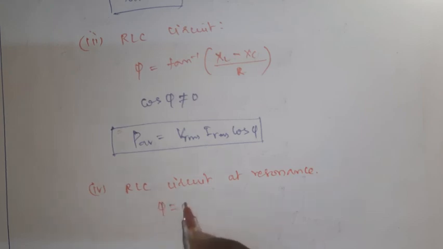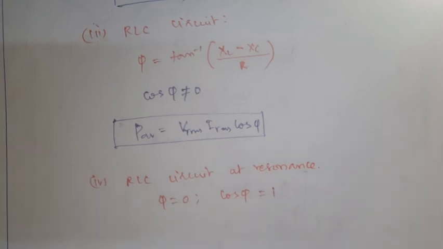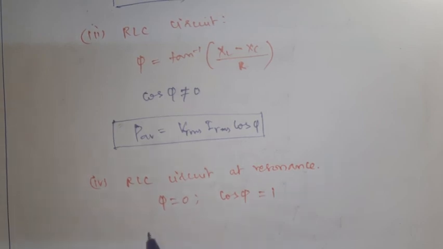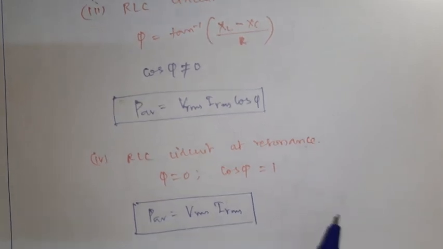So phi is equal to 0, so cos phi value is 1. If we substitute 0 for phi, cos 0 is 1. Now the average power PAV is equal to Vrms Irms, as cos phi value is 1. So the average power in an RLC circuit at resonance is PAV equal to Vrms Irms. This is like the average power in a pure resistive circuit.